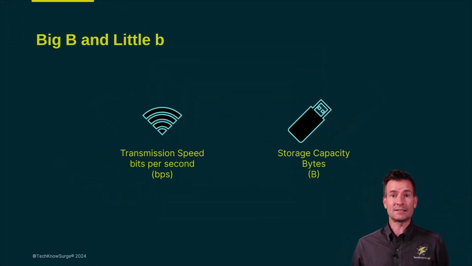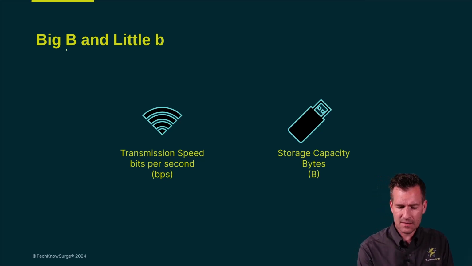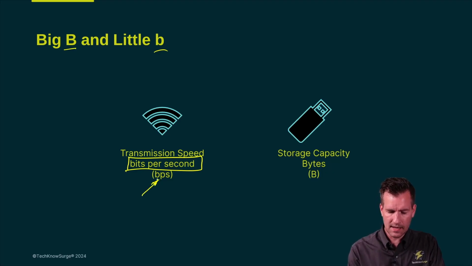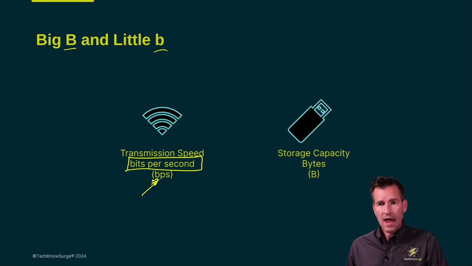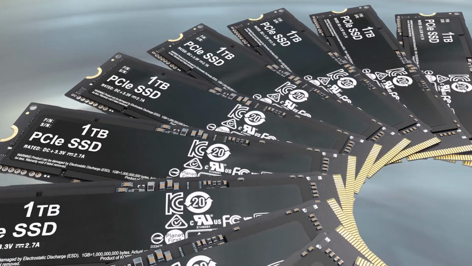So how can we tell if something's using bytes or bits? Well, it is the difference between a big B and a little b. The little b is bits. So in the measurement of speed of a transmission, that's usually bits per second, so we see a little b on here, bits per second. And then with storage, that's usually measured in bytes, so that's a big B to represent that.